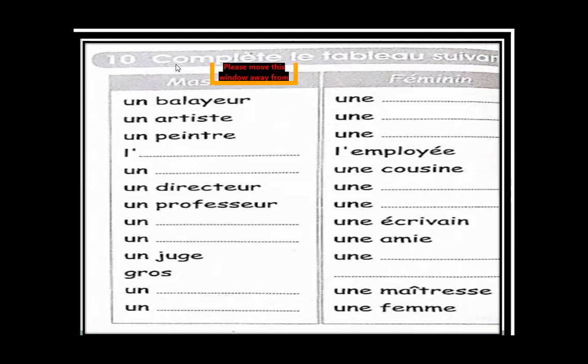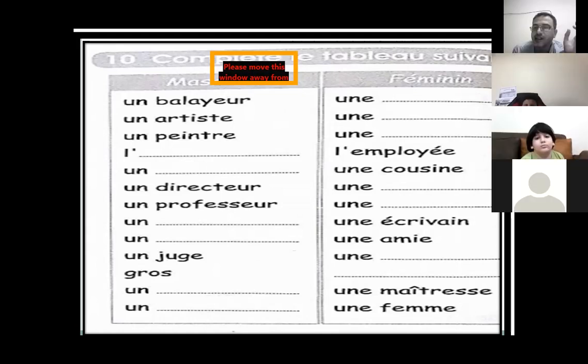In this exercise, we said last week that we must do some steps to transfer the noun from masculine to feminine. Some words stay the same, will not change.